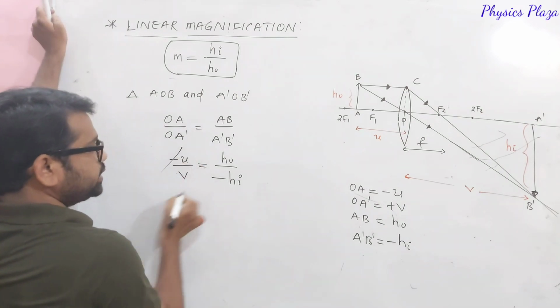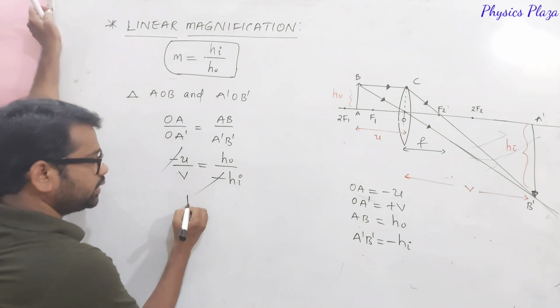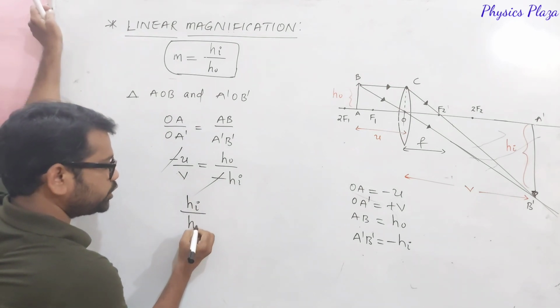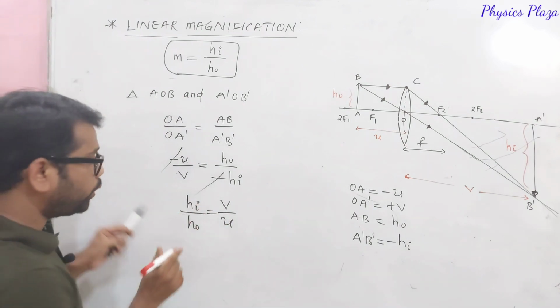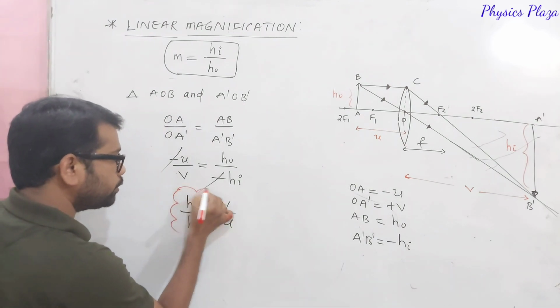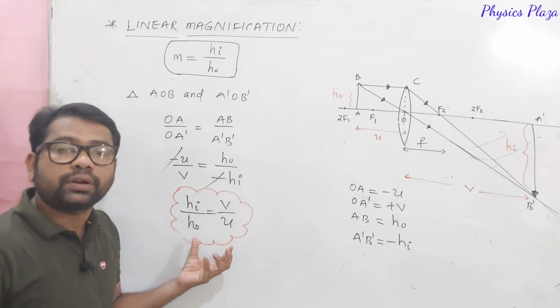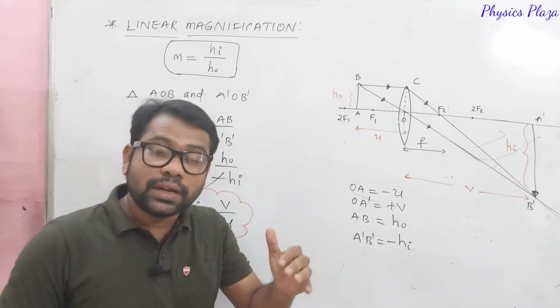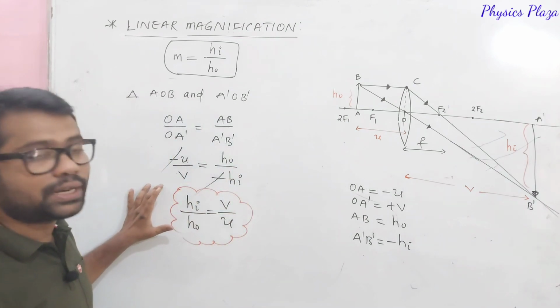So here minus gets cancelled. So this we can write like this: hi by h naught is equal to v by u. Children, it's a very important expression which we are going to use. Whenever any three terms out of these four are given, definitely we can find the fourth term by using this relation only.